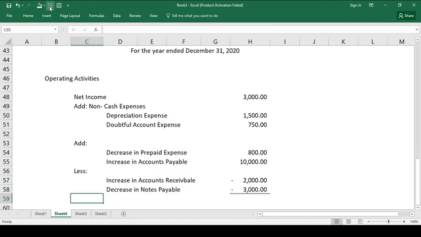So that is cash inflow or outflow, no? Cash net inflow or outflow from operating activities.